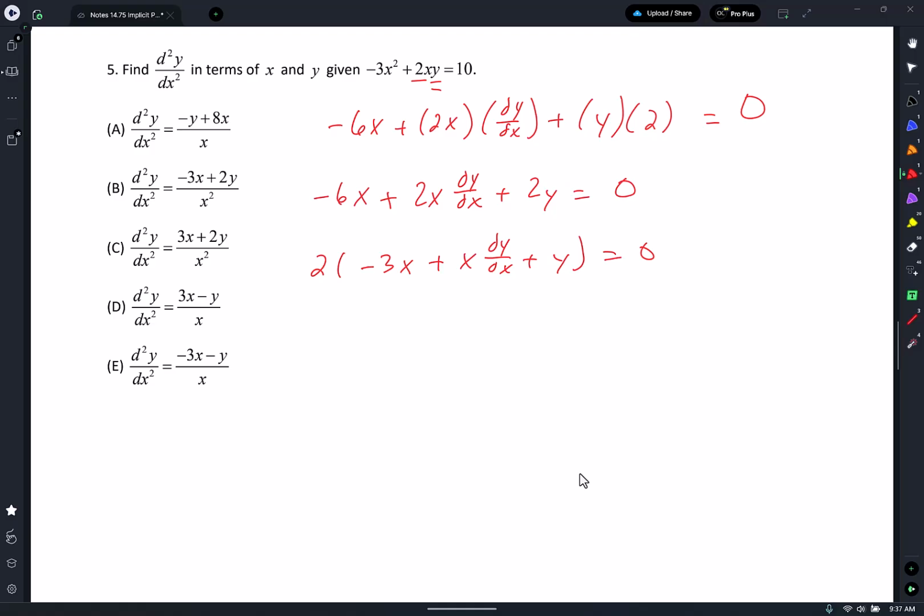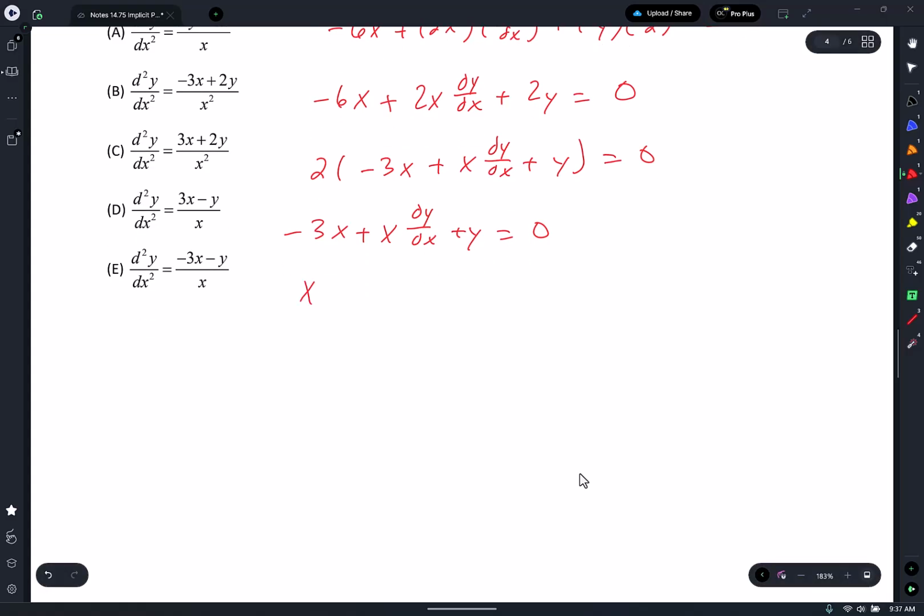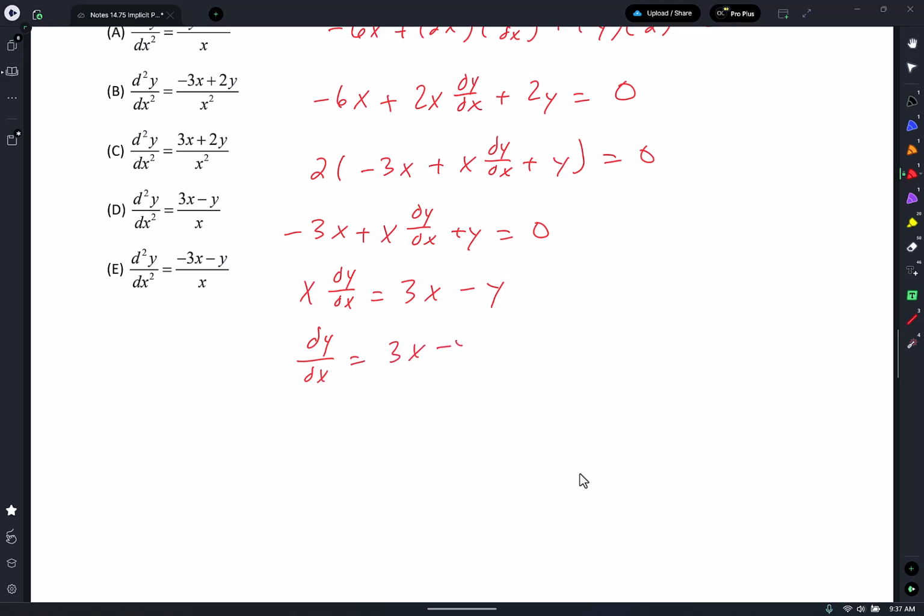Move everything to the right that is not a dy dx. So x dy dx equals 3x minus y. Divide everything by x. Dy dx equals 3x minus y divided by x.